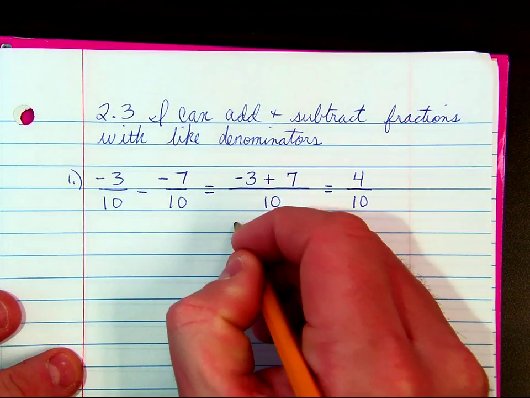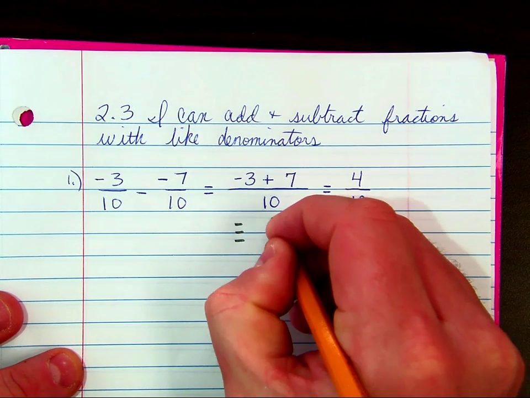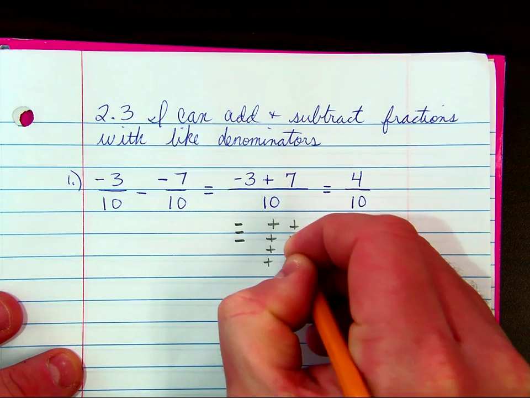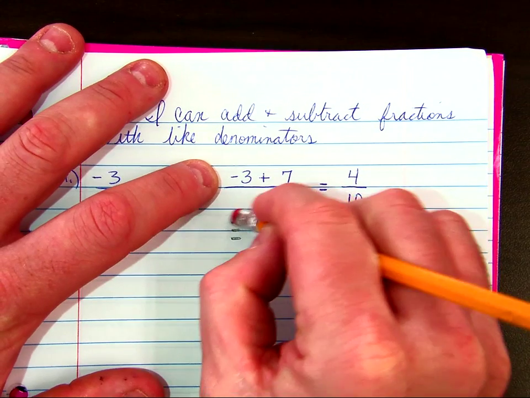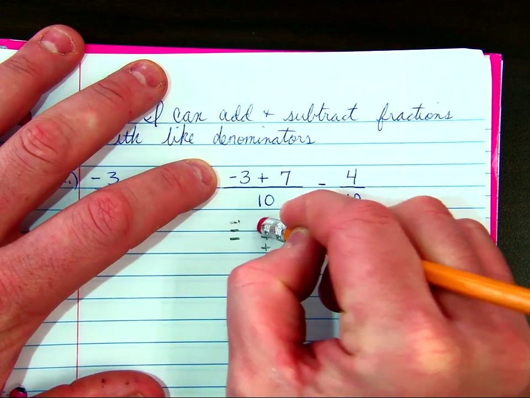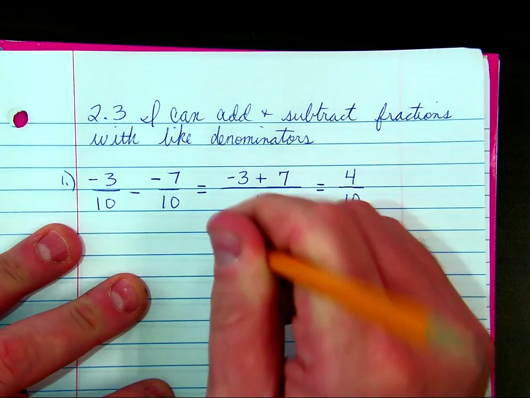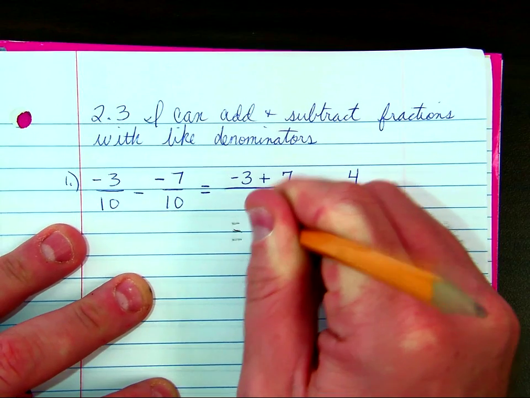Watch. We have 3 negatives. We have 7 positives. The negative and positive create a neutral pair. This negative and positive create a neutral pair. And this negative and positive create a neutral pair.